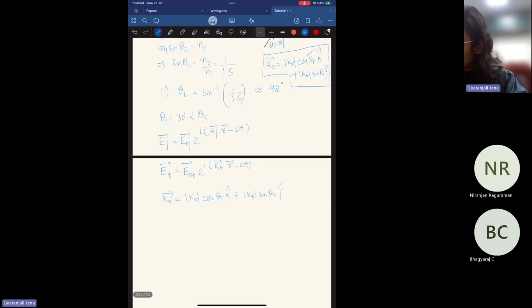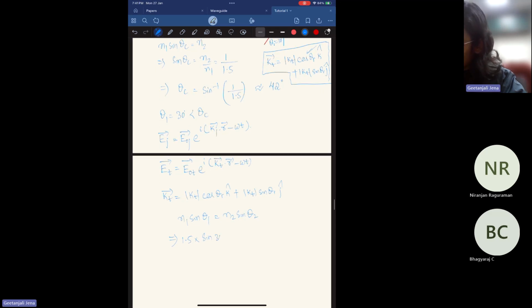From Snell's law, you have n1 sin theta 1 equal to n2 sin theta 2. And n1 is given as 1.5, and sin theta 1 is sin 30 degrees, and this one is sin theta 2.